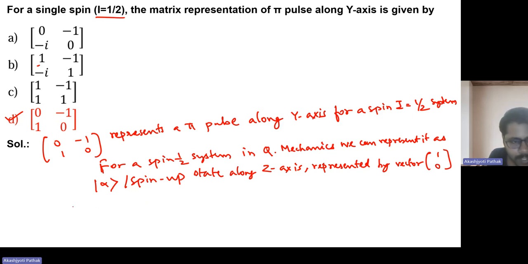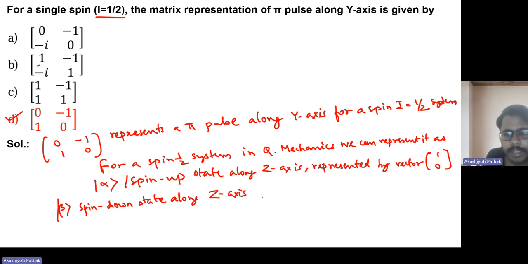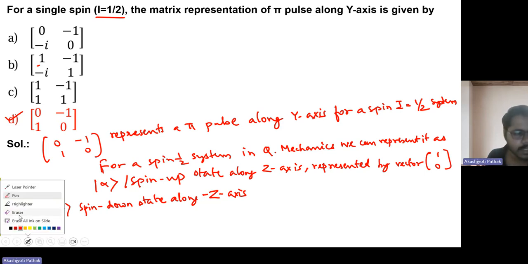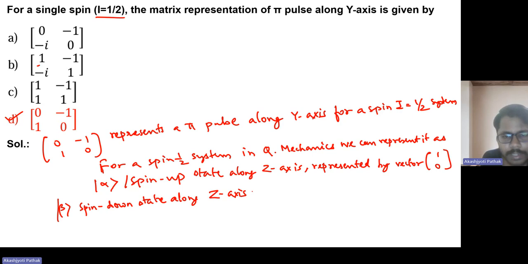And the spin down state, which is along the negative z axis, against the external magnetic field, where the nuclear spins are opposite to the positive z axis, is represented by this.